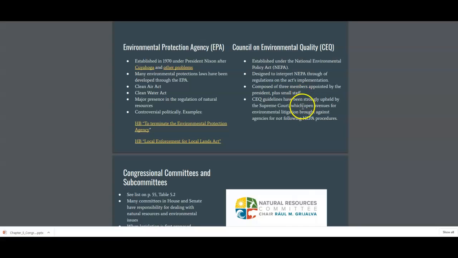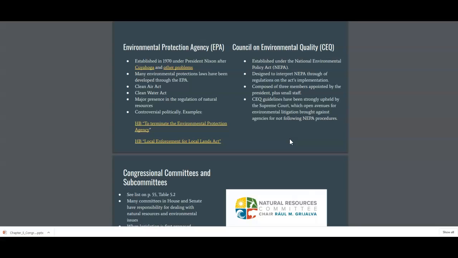It is composed of 3 members that are appointed by the president, so you can imagine that with each new administration, the flavor of the Council on Environmental Quality changes. But I also want to say that the CEQ's guidelines have repeatedly been upheld by the Supreme Court.